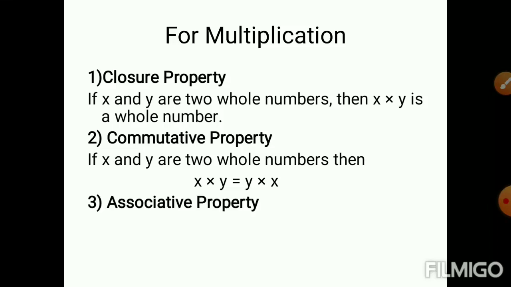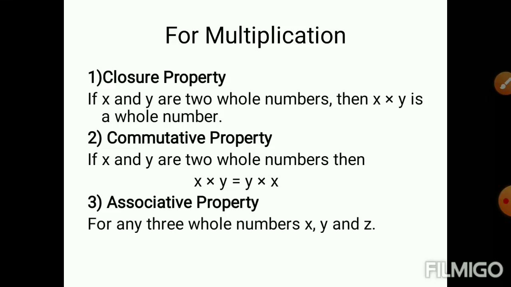My next property is associative property. It says x into y into z will be equal to x into the bracket y into z. We can multiply three numbers in any order. Very simple.